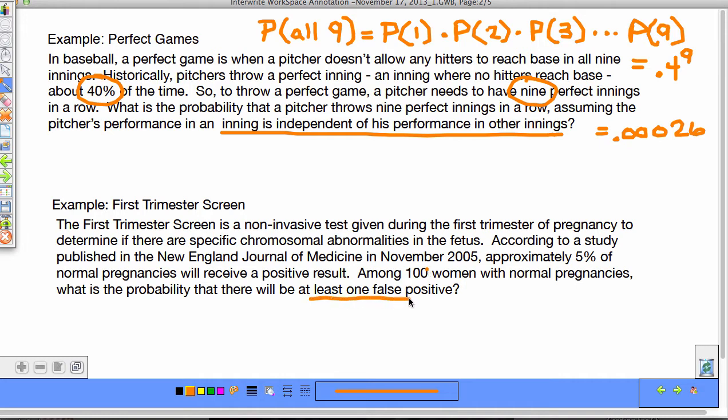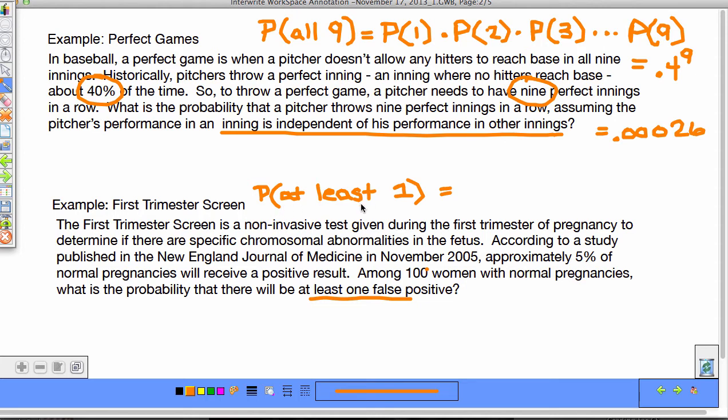So among 100 women, at least one would be the probability that there was one, plus the probability that there was two, plus the probability that there were three, plus the probability that there were four, etc., all the way up to 100. That's a lot of probabilities to multiply together. But thanks to my complement rule, I know that since all of those probabilities add up to 1, it's a lot easier to go the bottom way.